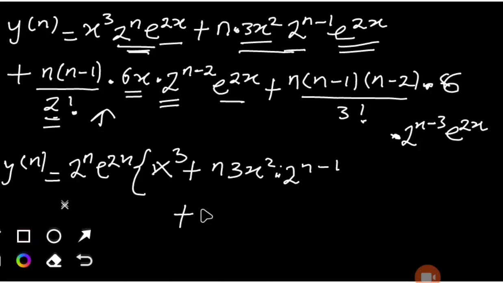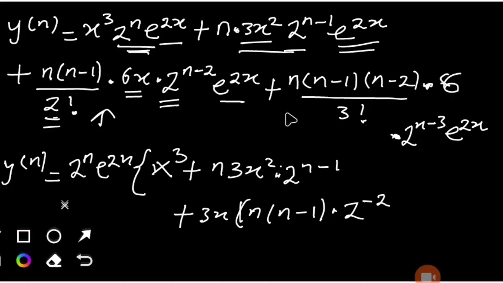So I'm going to have 3x into bracket open n, then n minus 1. Then I still have 2 raised to the power minus 2, since 2 raised to the power n is outside. I hope you're with me.